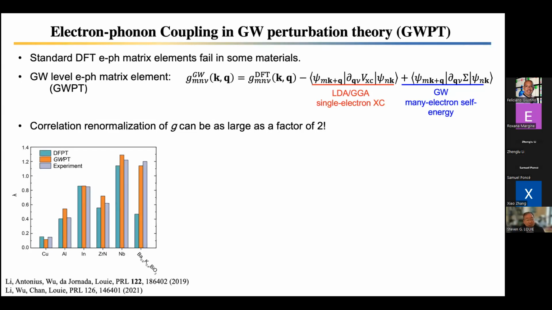However, for some materials like potassium-doped barium bismuth oxide, an important transition metal oxide system, you see that the self-energy can enhance lambda by a factor of 2.